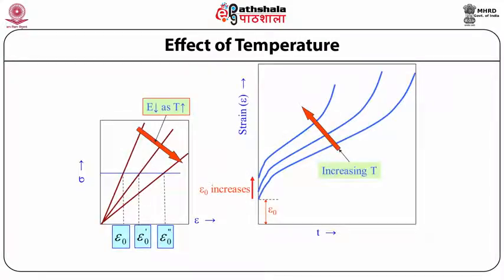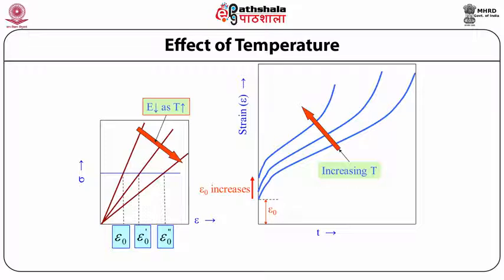Now let us discuss the effect of temperature. Here we can see a figure consisting of two parts. Part A shows a plot between stress and strain, with three curves at different temperatures. The first is the stress-strain curve at some particular temperature, then the temperature is increased, and then again increased, giving a third curve.